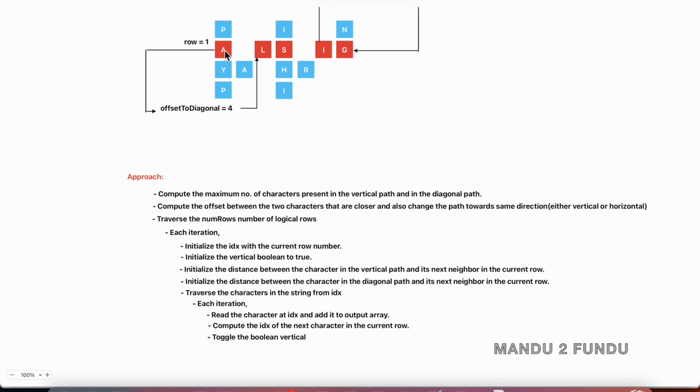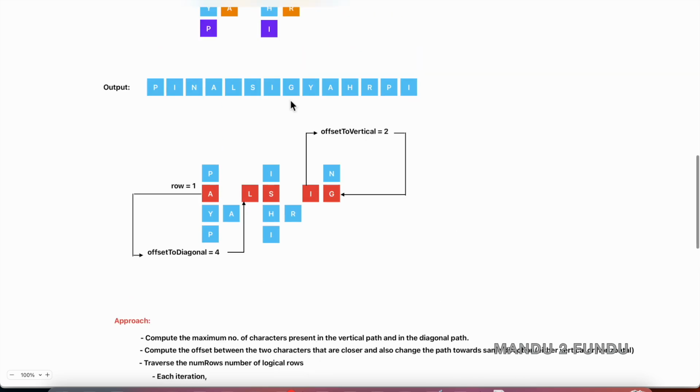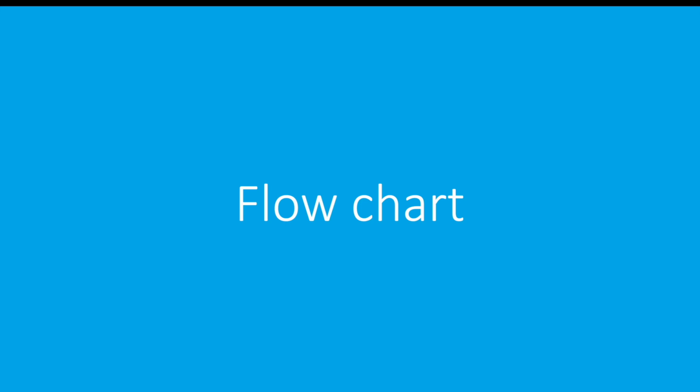After processing the character, we have to toggle the vertical boolean so that we can indicate whether that next character is in the diagonal path or it is in the vertical path. Depending on that, the offset computation will be done. Then as we traverse, we keep adding it to the out array, and finally we convert that into a string and return it. Let's look at the flowchart.